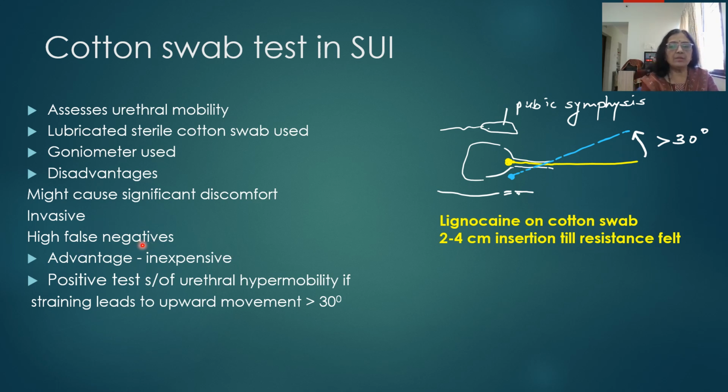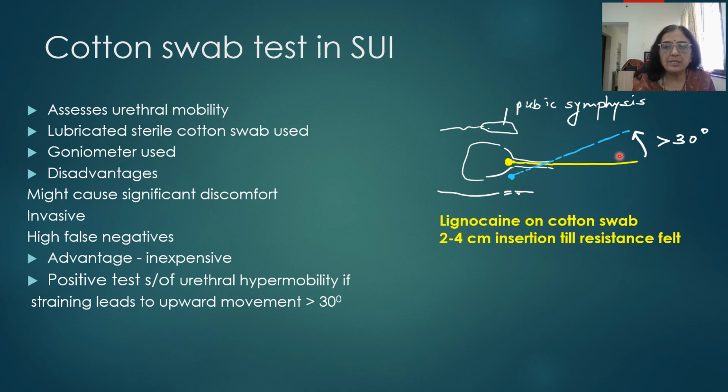The meaning of this sentence: the test is positive when there is urethral hypermobility, or a movement of this cotton swab in the upward direction greater than 30 degrees. A negative test is when the movement is less than 30 degrees.